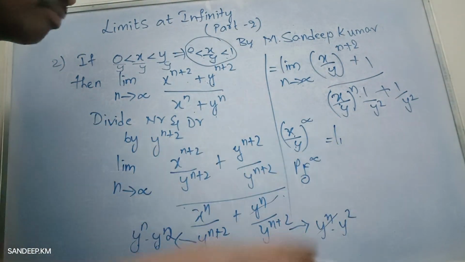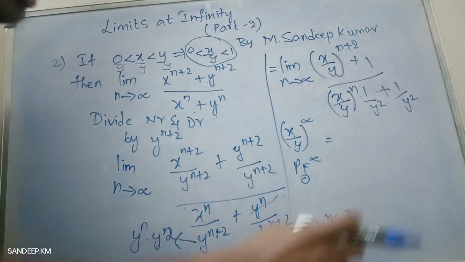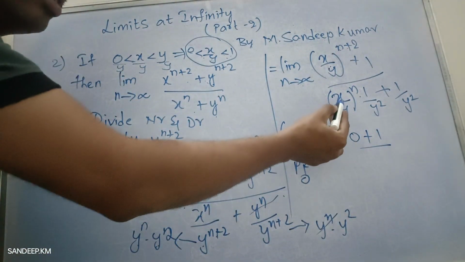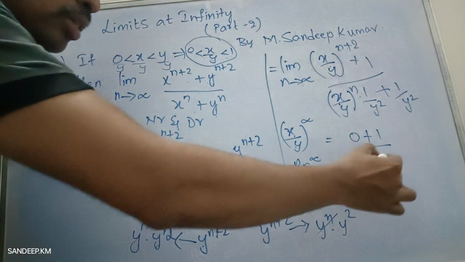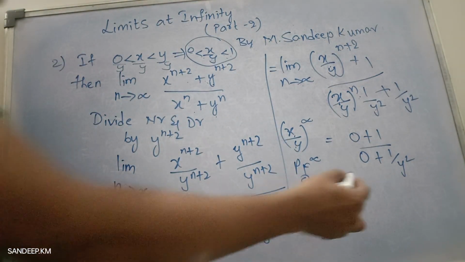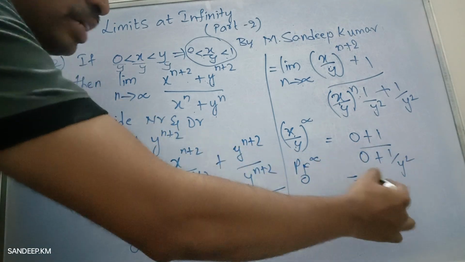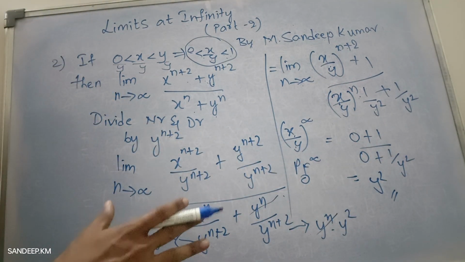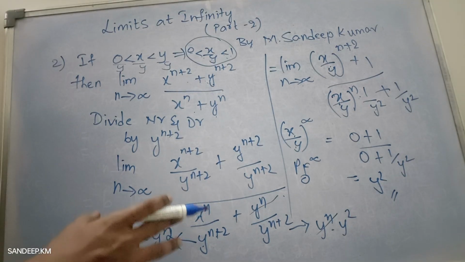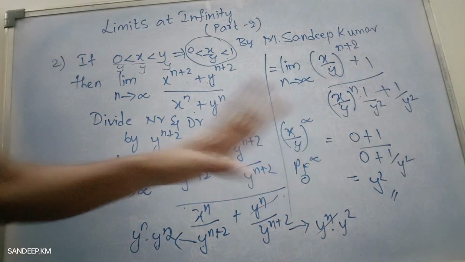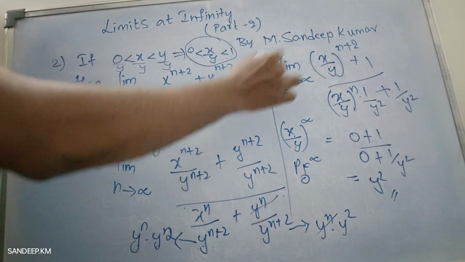Since I have substituted n approaches infinity, this becomes 0 plus 1 divided by 0 into 1 by y square, which is also 0 plus 1 by y square. And therefore what is the answer, dear students? 1 divided by 1 by y square will become y square. That is the answer. Are you observing how we are using this concept of proper fraction power infinity? So the answer for this question is y square.